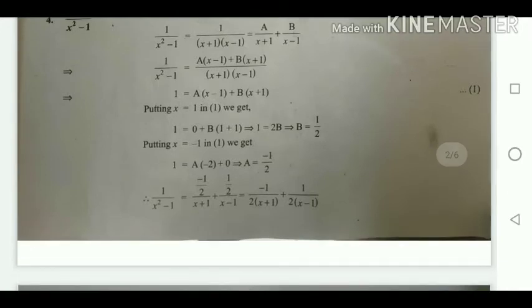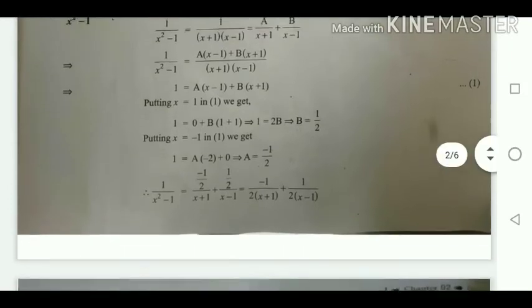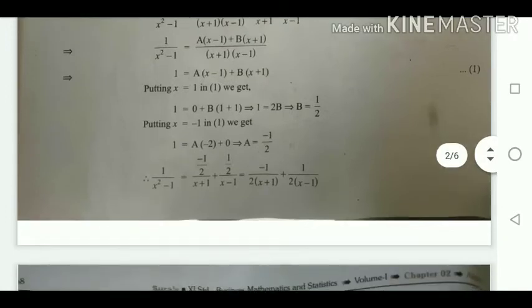If the value of x equal to minus 1, in such a case a equal to minus 1 by 2. Therefore b equal to plus 1 by 2, a equal to minus 1 by 2. Substitute these values in the question. We are getting 1 by x square minus 1 equal to minus 1 by 2 into x plus 1 plus 1 by 2 into x minus 1.